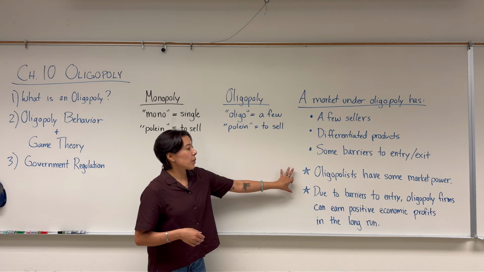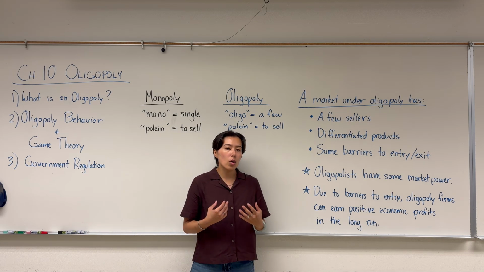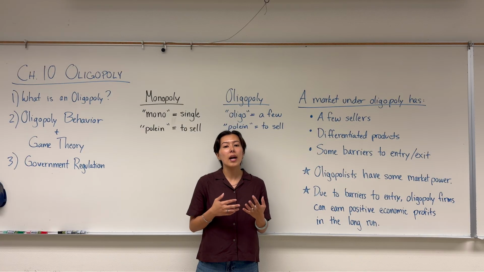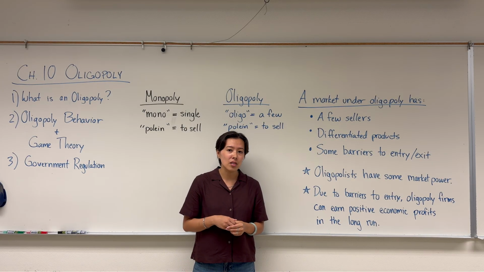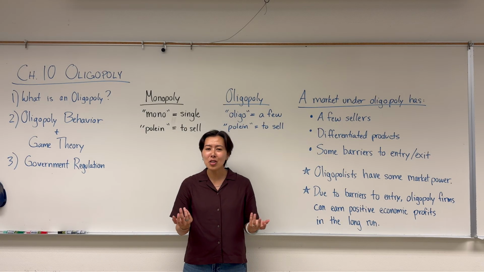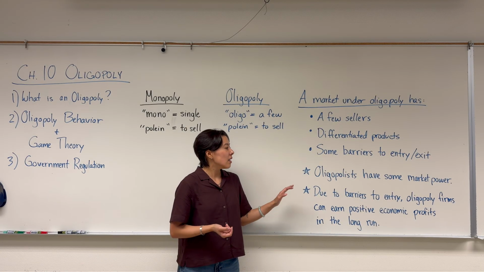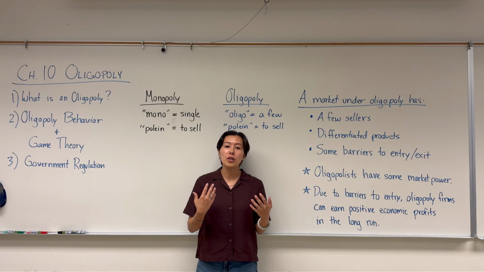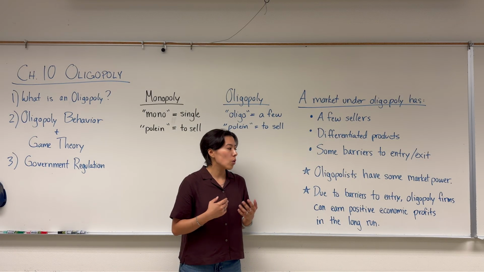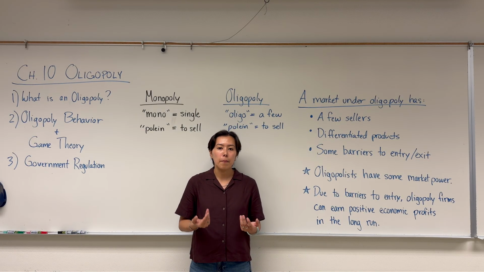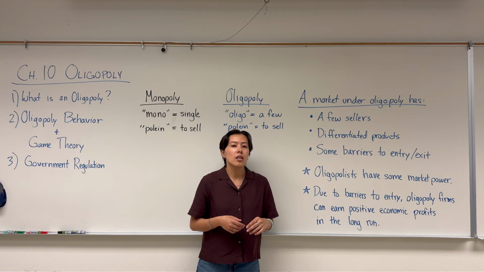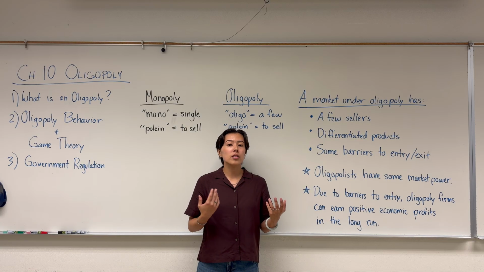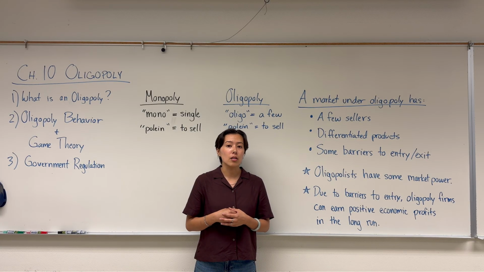Now, the key thing that we want to note here is that under an oligopoly, our firms do have some market power. Because they don't face a lot of competitors and they're selling this somewhat unique differentiated product, they have some control over the price that they charge. So oligopoly firms are price makers. Now, due to these barriers to entry, our oligopoly firms can earn some positive economic profit in the long run.